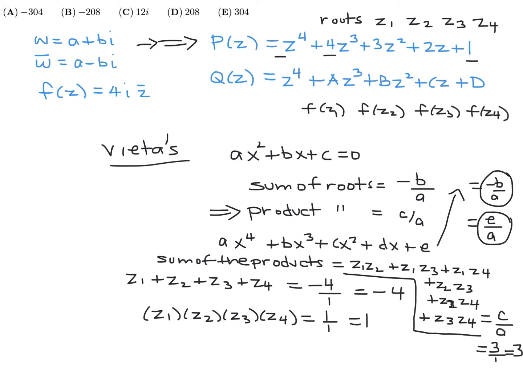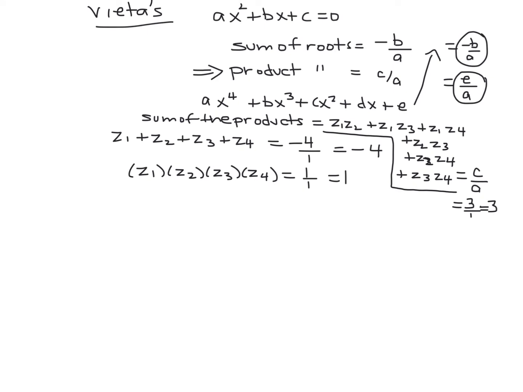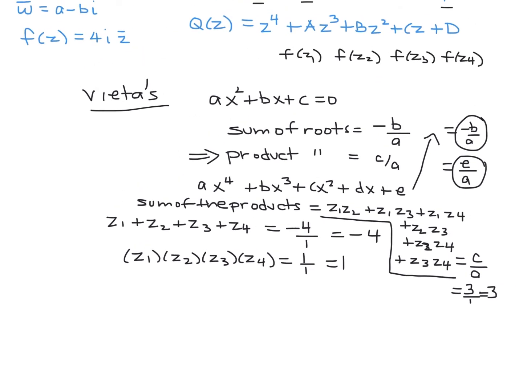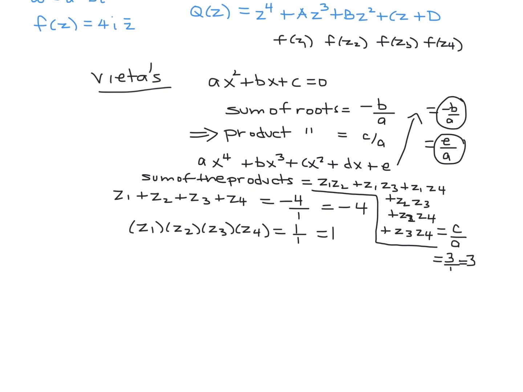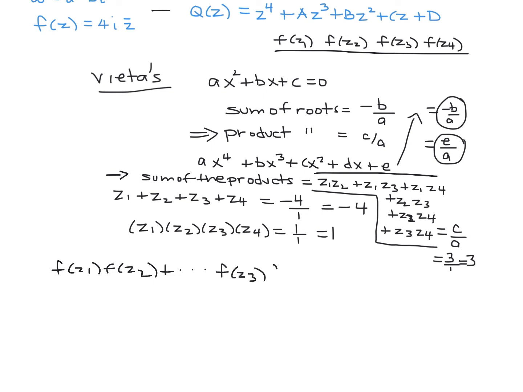Okay? All right. So we are going to do the same thing, but this time with q of z. So q at z right here, same thing. The sum of the products. So that's basically f at z1 times f at z2 plus dot dot dot, all these, all the way to f at z3 times f at z4.